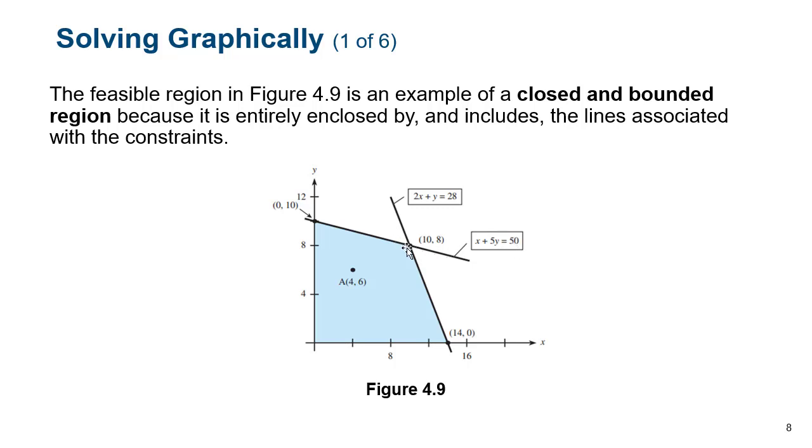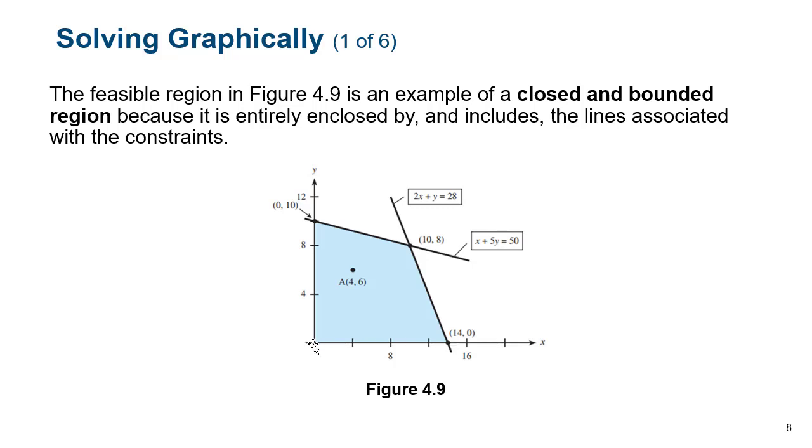And same thing if (10, 8) and (14, 0) maximized or minimized your function, if that's what you're trying to do, then this entire line, 2x + y = 28, would therefore maximize or minimize your function. But we do know that these 3 points are going to be your only choices for maximums and minimums.